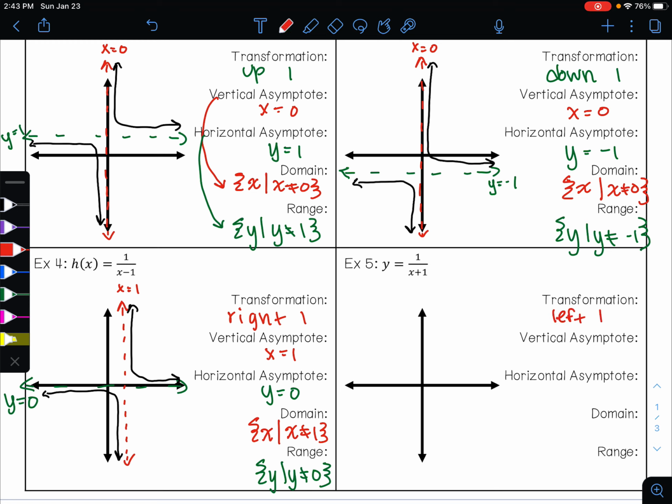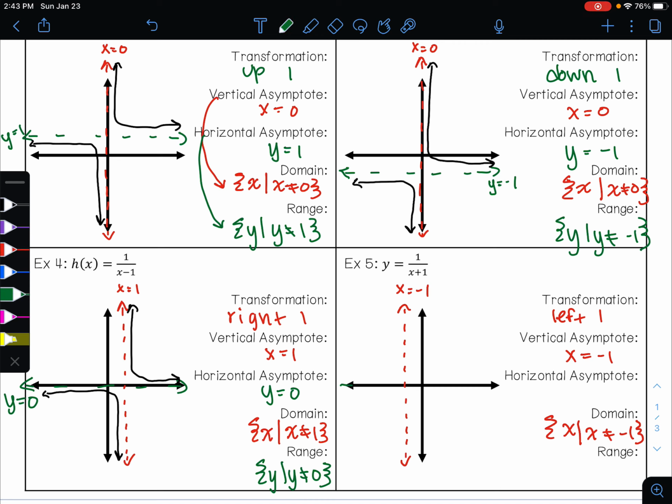That is going to have an effect on my vertical asymptote. Instead of being at x equals 0, it will now be at x equals negative 1, which means I will have a vertical asymptote at x equals negative 1, and our domain will be all values of x such that x cannot equal negative 1 because of our vertical asymptote there.